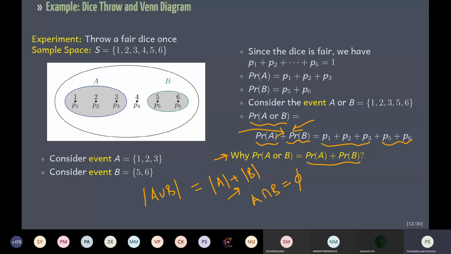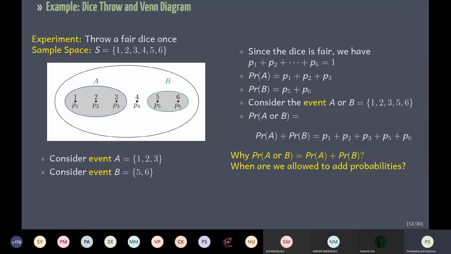That's why you could add. Actually, the same thing is happening here. So we can translate this into probability language: we can do this if the events A and B are disjoint. If the events A and B are disjoint, then we can do this. So this is just an illustration from the Venn diagram, and we have seen a little bit of this in the beginning also.